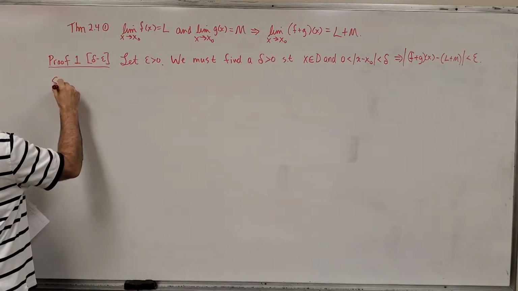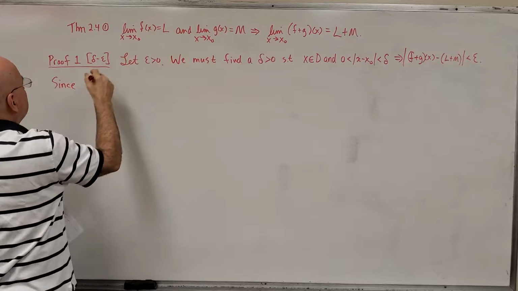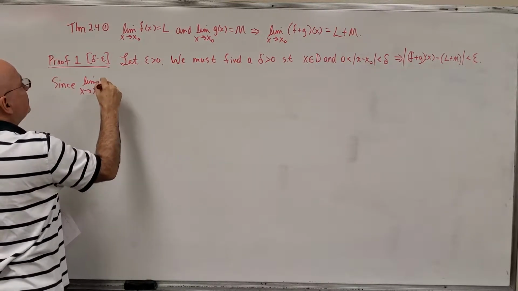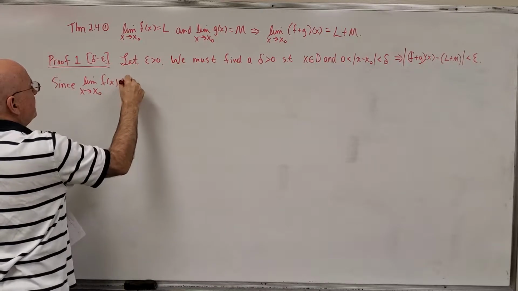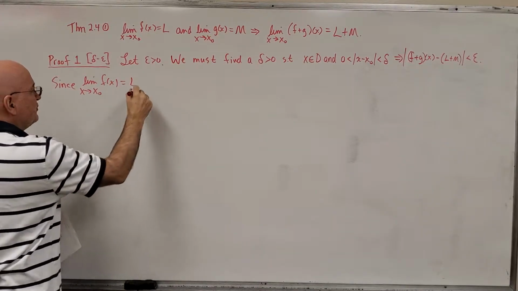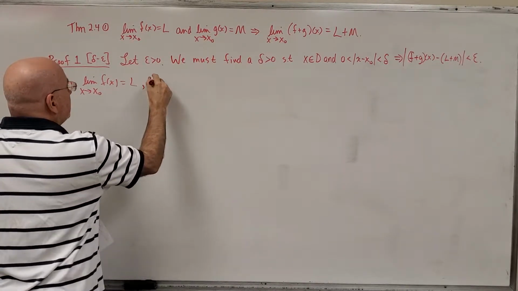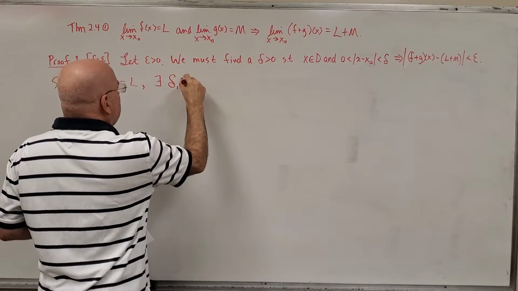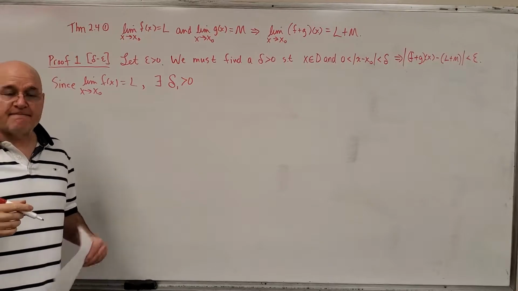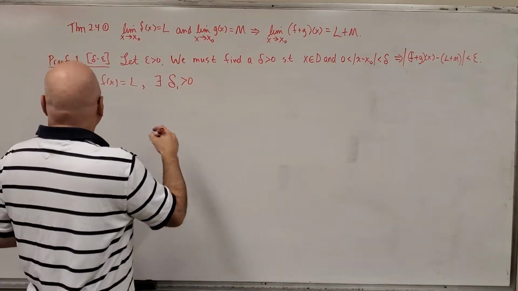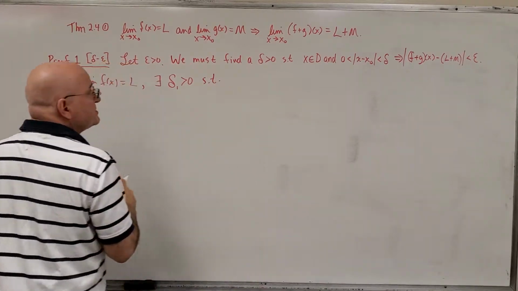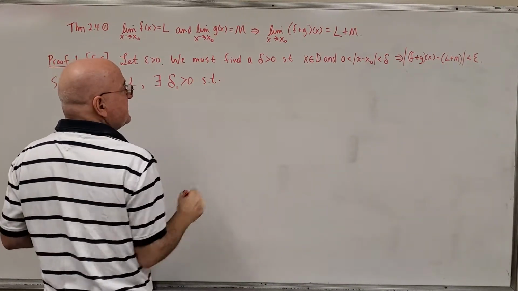Since this is true, the limit as x goes to x naught of f of x is equal to L, there exists a delta, I'm going to call this one delta 1, greater than 0, such that the following holds true. It's going to look very much like that statement over there.